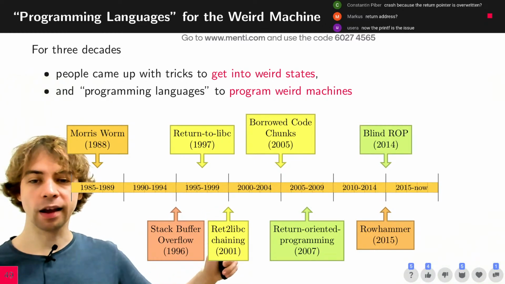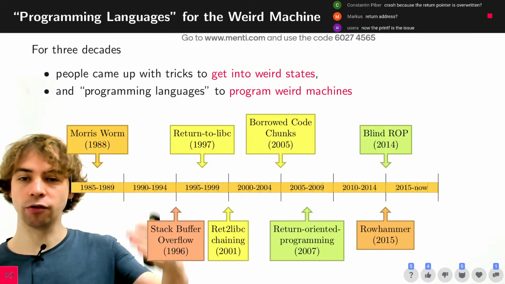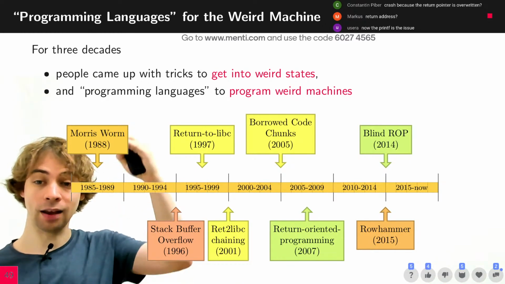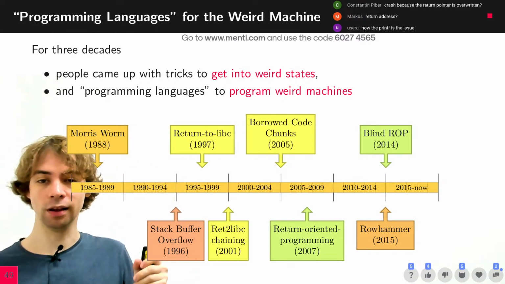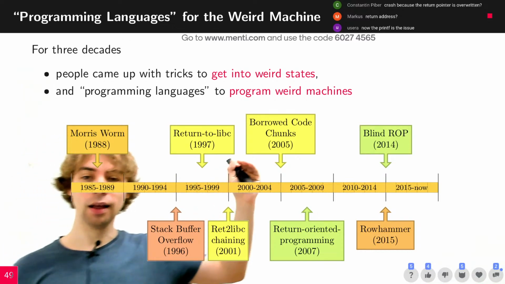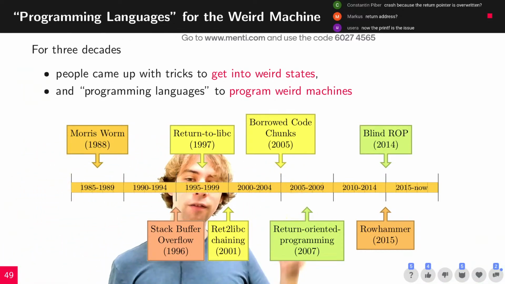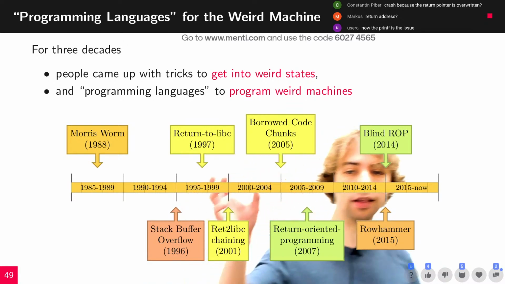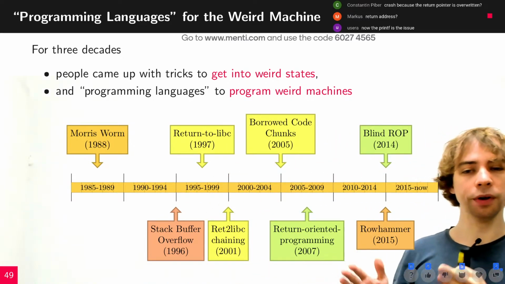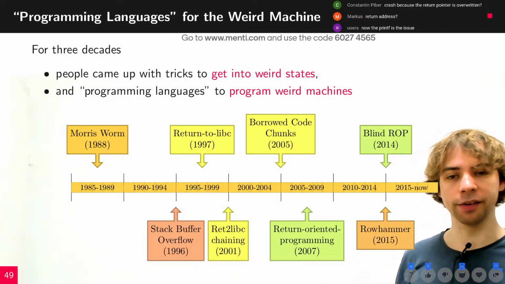Then libc chaining, you can also chain this up and return to one libc function. And then on the stack, if you prepared the stack accordingly, you can return to the next function and the next function.